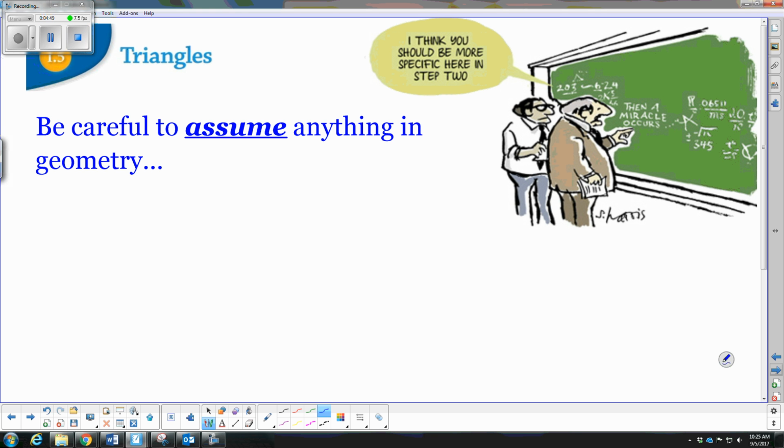In geometry, we have to be very careful when we're assuming things. So to assume something is to accept it as true without facts or proof.